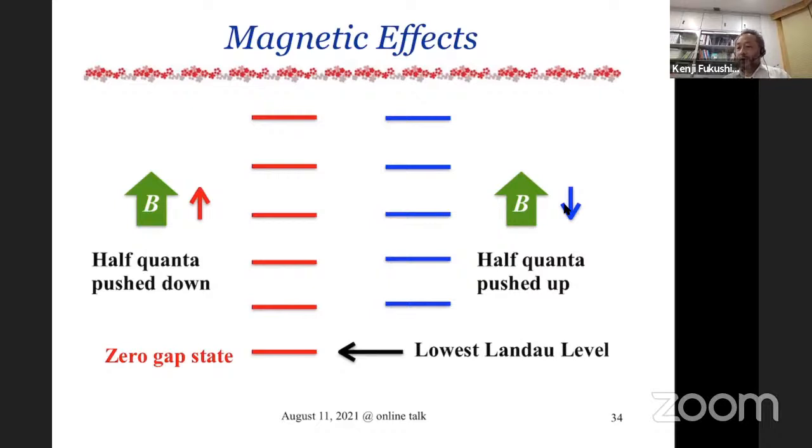That is, only one spin state is favored, and the lowest, the zero mode, the zero gap state appears only in one spin state. That is quite natural, right? If the magnetic field is applied, then the spin parallel state is more favored than the spin anti-parallel state. Okay, so only one spin state can be found in the lowest energy state.